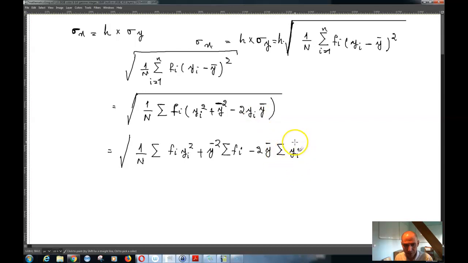And 1 over n is multiplied by this whole thing, inside the square root.